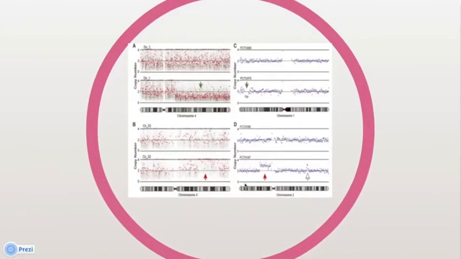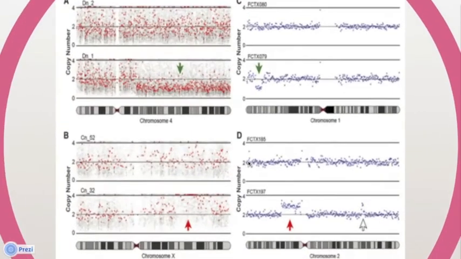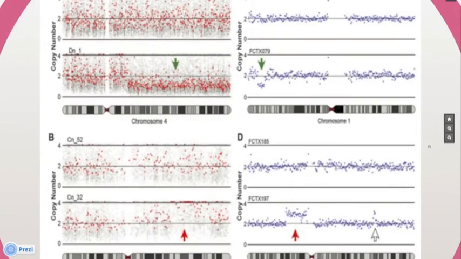From the methods described above, two phenomena were observed. Figure 1a and c represent subchromosomal deletion, while Figure 2 demonstrates subchromosomal duplication.